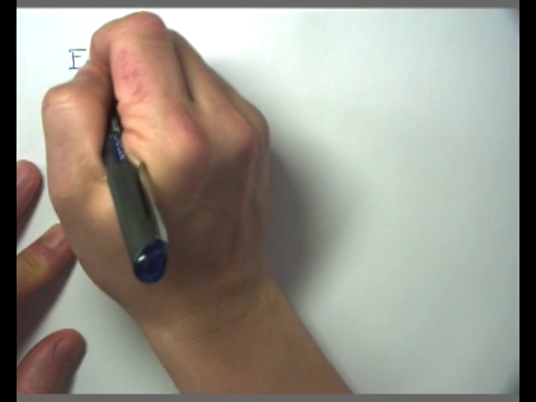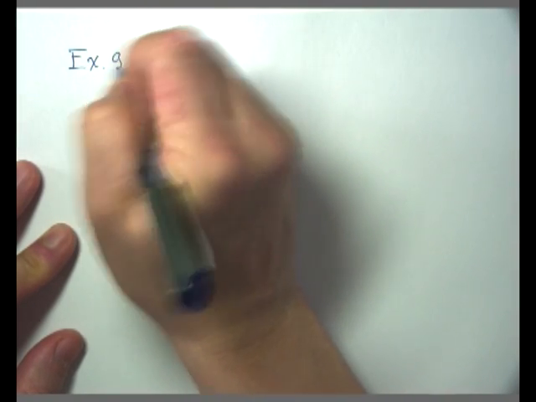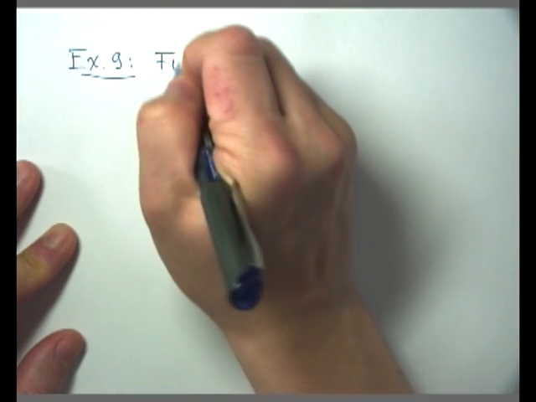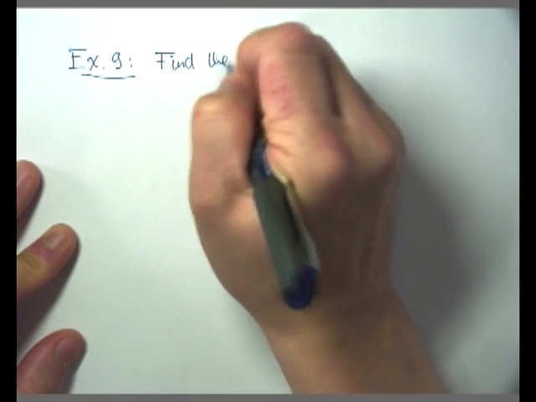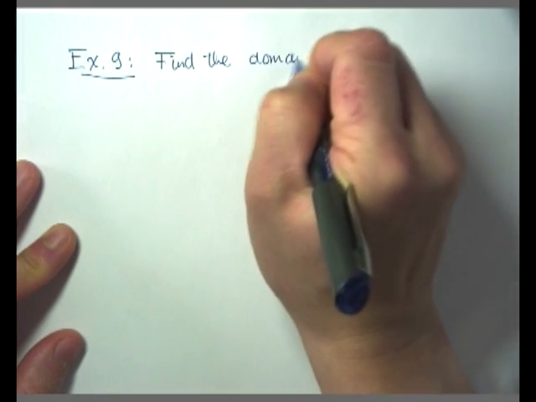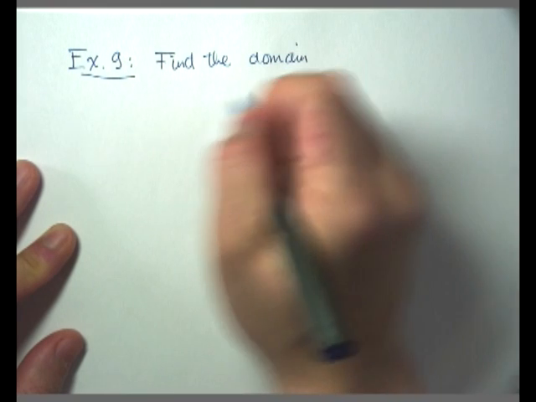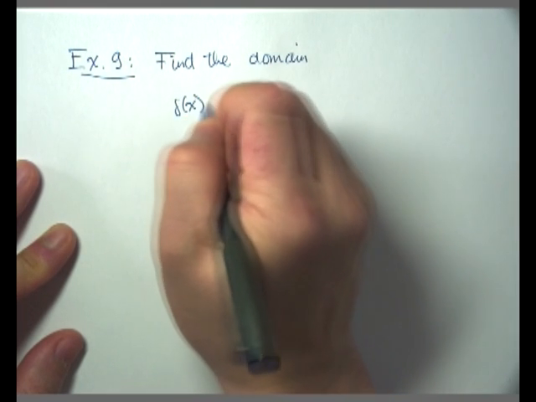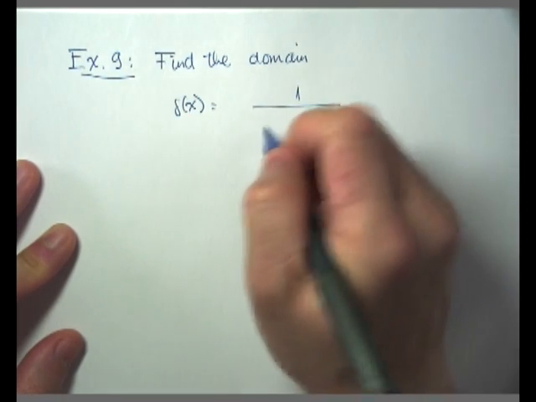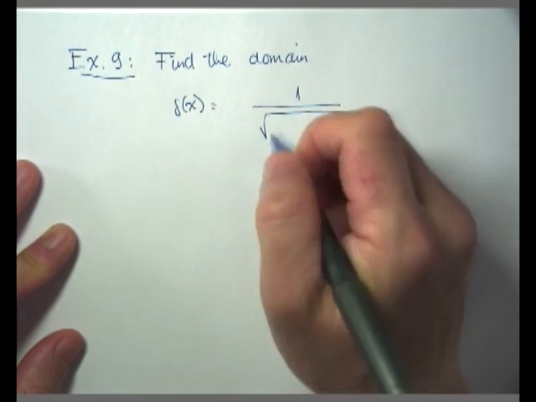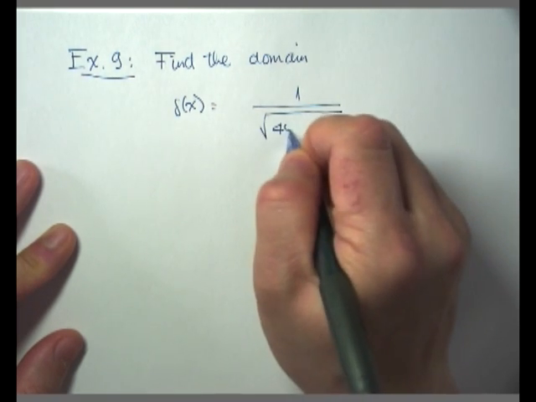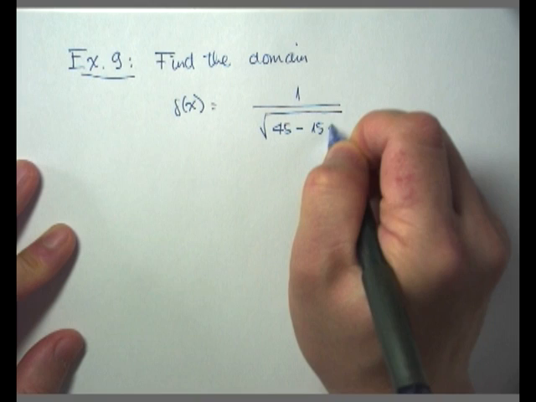And then in a next example, example number 9, let's say we want to find the domain of the function f of x equals 1 over the square root of 45 minus 15x.